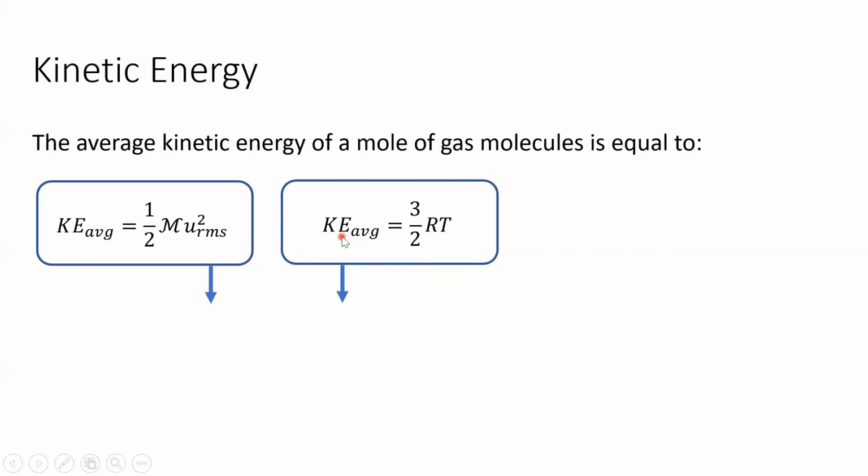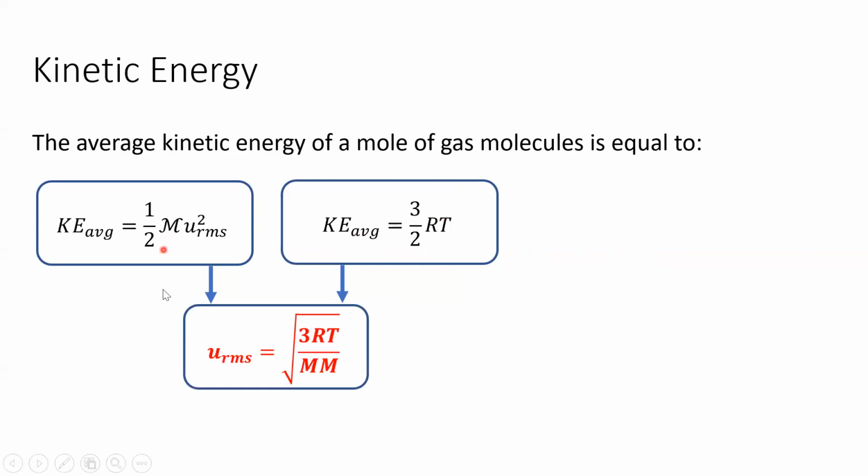Again, the kinetic energy is directly proportional to the temperature. And if we were to combine these two equations together, because they both deal with kinetic energy, we would get the root mean square velocity equals the square root of 3RT divided by the molar mass.